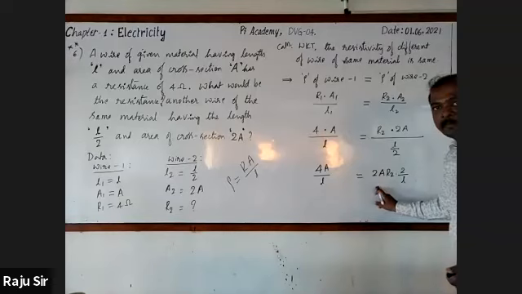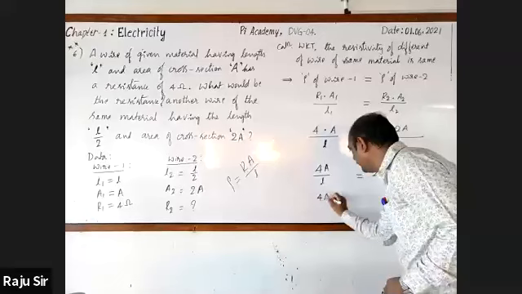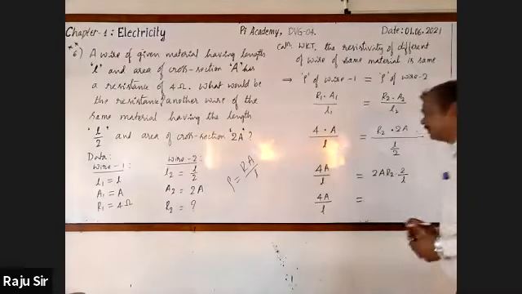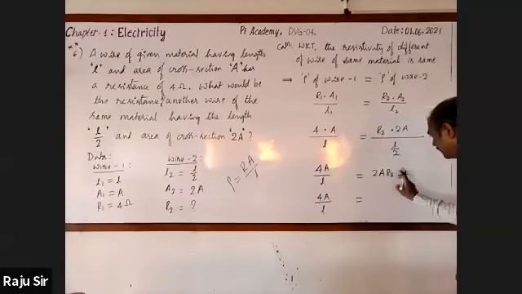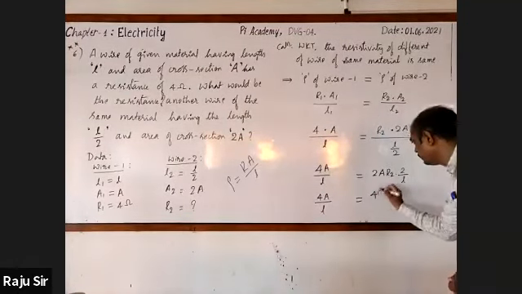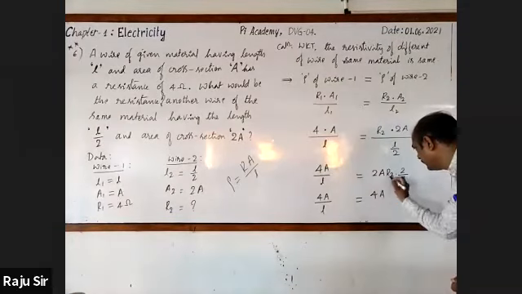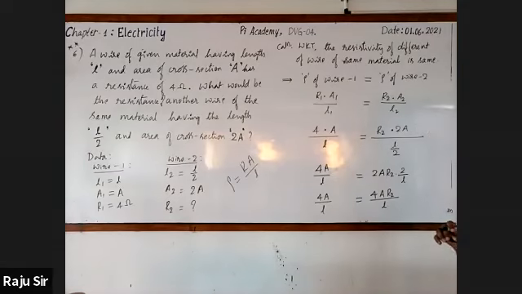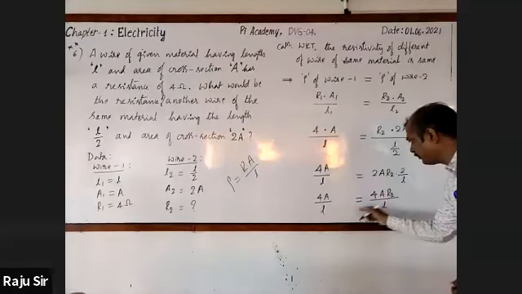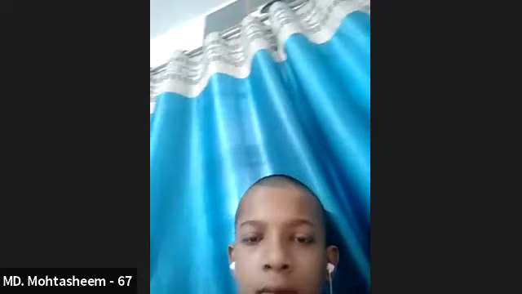Did you understand? Next, 4A by L is equal to, 2 2s are 4, then A into R2 by L. Now, can we cancel 4A, 4A? Yes, sir. No, sir.